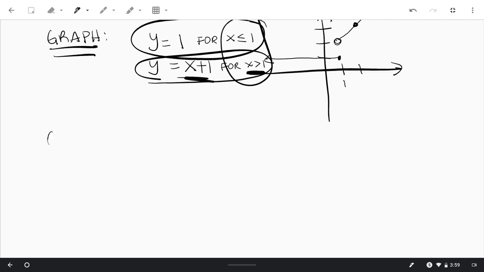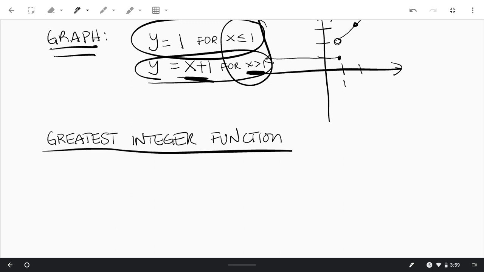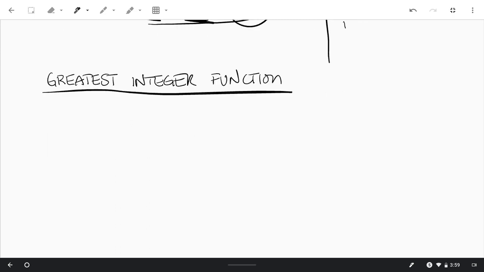All right. There's another interesting function called the greatest integer function. So this is our last one, and then we'll wrap it up. Maybe you've seen this before, maybe you have not. So it looks like this.